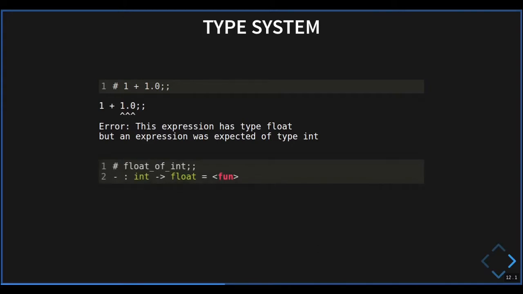So there are special conversion functions for that, because we need to be explicit about what we want, whether we want to convert integer to float or float to integer. For example, we have the function float of int that accepts an integer and outputs a float as a result. So we can use that function to convert an integer to a float, and then use the plus dot operator to produce the sum of 2 floating point values.